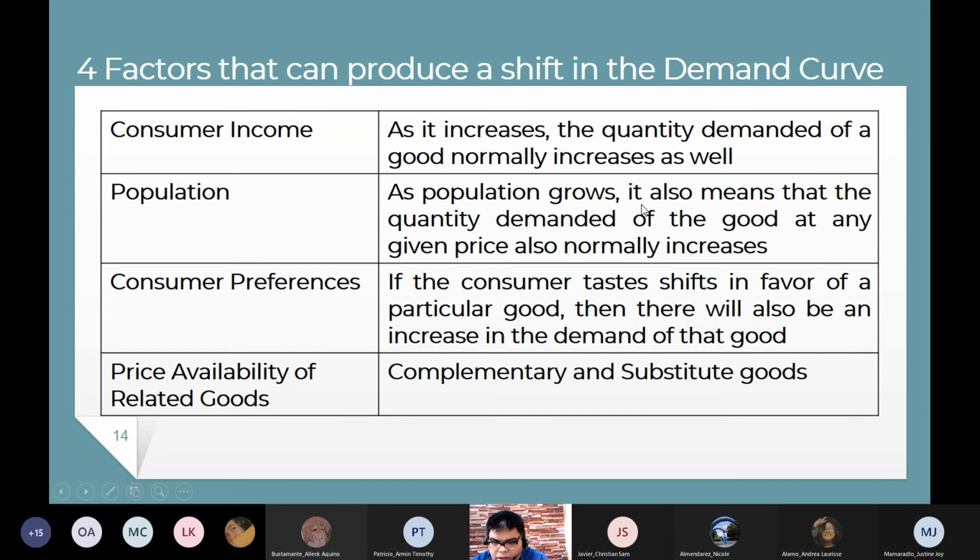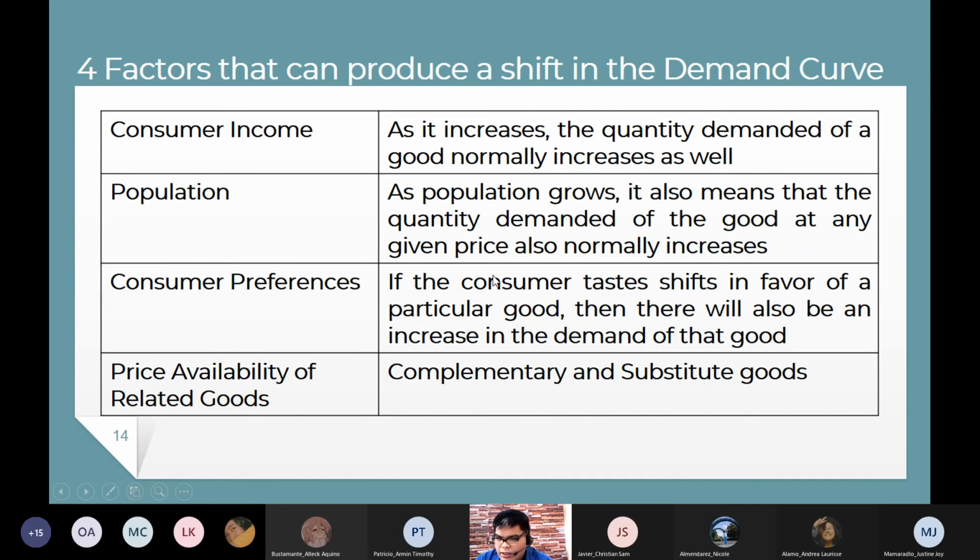So, dapat pag tumataas yung demand, kailangan marami ka ring supply to satisfy the demand. Hindi po pwedeng stationary yung demand mo and then tumataas yung population mo. Ayan. At any given price also normally increases. So, kahit na same pa rin yung price, kailangan dumadami yung supply mo. Hindi pwedeng kumukonti or ganun pa rin.